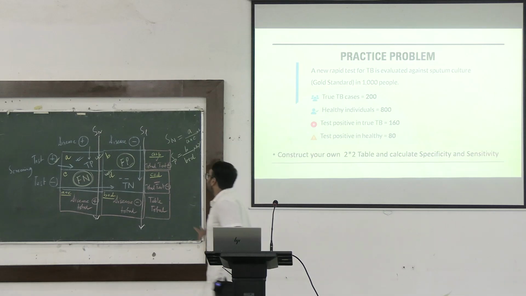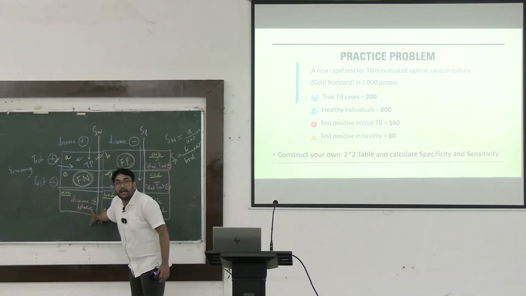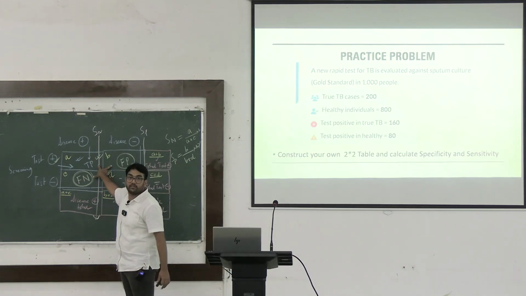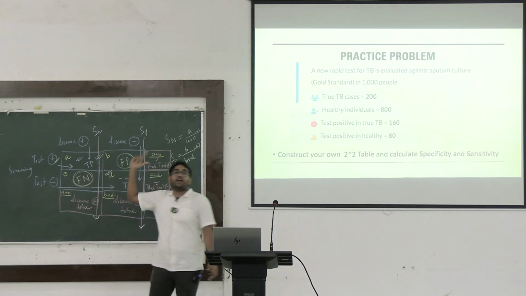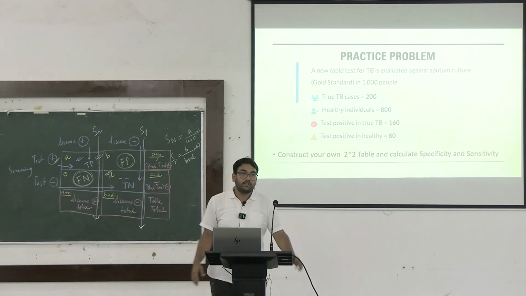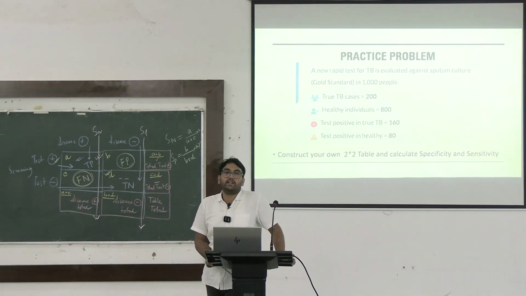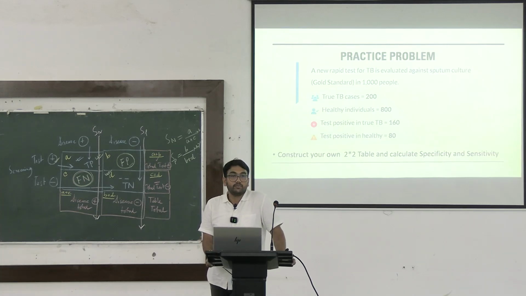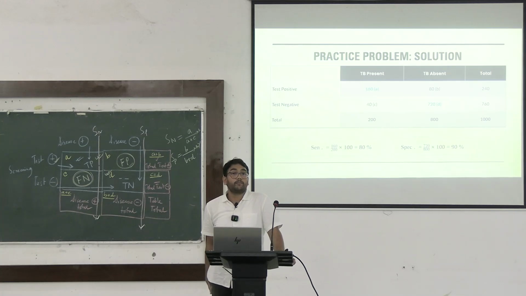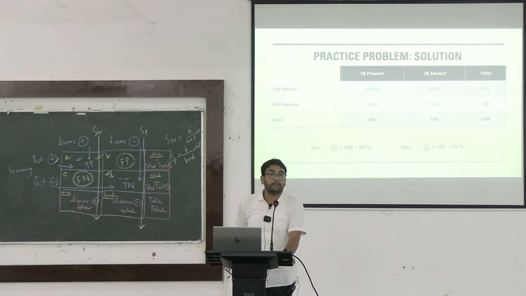So it has given you these two totals and it has given you these two boxes. So effectively you can find all the other boxes, isn't it? By simple subtraction and addition, you can find out all the other boxes. This is how you will be given problems. Okay. So it will be like this.